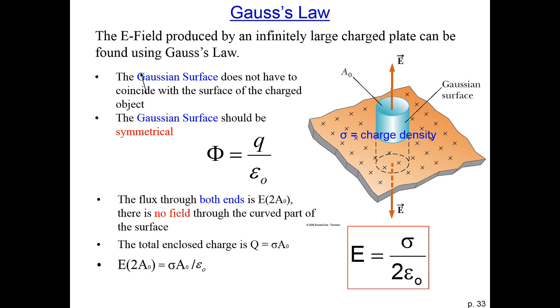So there are two ends to our cylinder, so the total flux is 2 times A times E, because both the top and the bottom surfaces have a flux of EA, so you add them together to get a total flux of 2EA. So next we want to find the amount of charge within the surface. Well, the area of the sheet within the surface, so we will define that sigma, and so this sigma is the surface charge density.